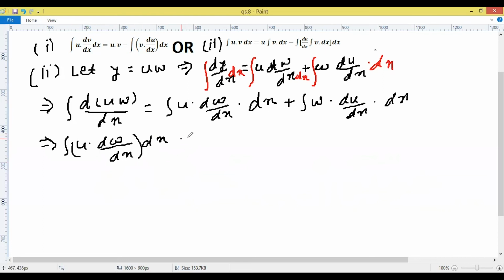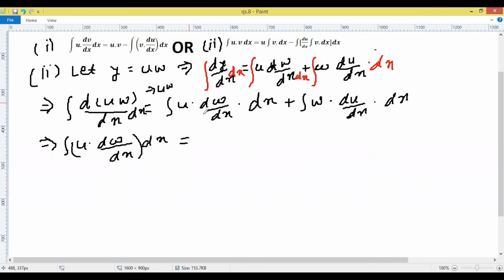And then towards the right side, this is the derivative of uw. If you integrate that with respect to the same dx, it is going to be uw.